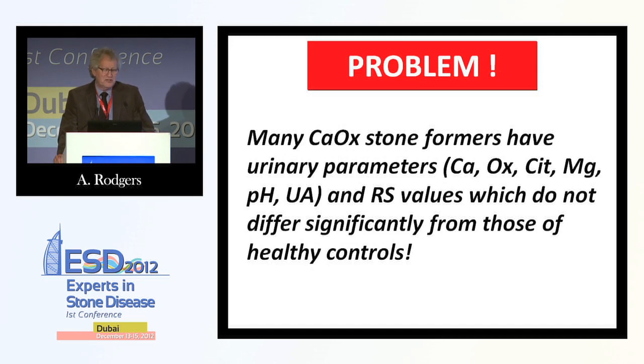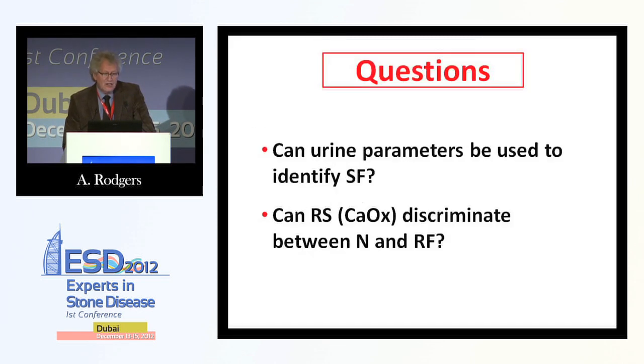And the relative saturation values do not differ significantly from those of the healthy controls. So let's take a look. Let's ask the question, can urine parameters be used to identify a stone former, or can the relative saturation discriminate between the groups? Let's take a look.